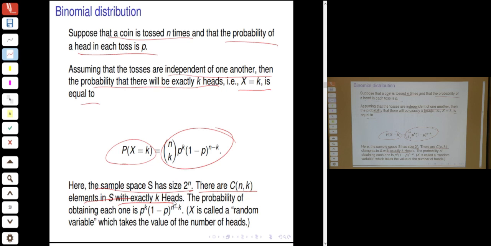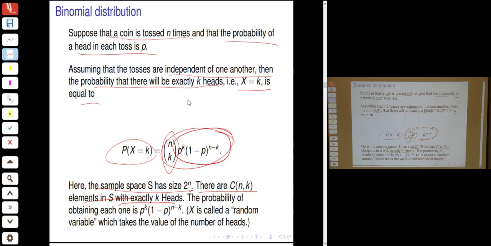Exactly k heads means a string of n H's and T's with exactly k H's. So, the number of such strings is the number of ways of choosing the positions for the k H's out of the n positions, which is n choose k.